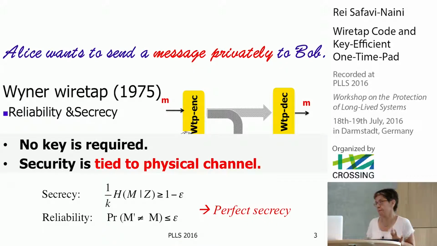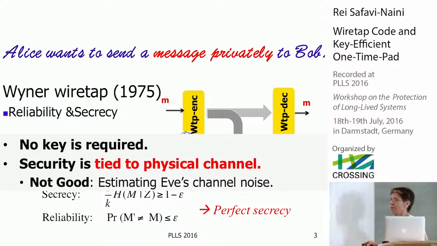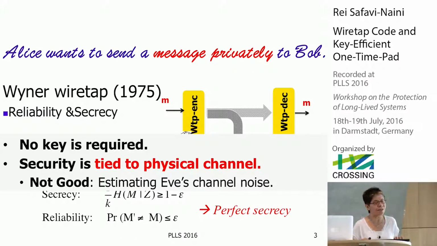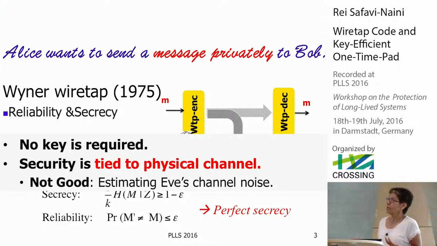So of course, it may not look good because in some sense we are in trouble, because now we have to estimate Eve's channel. Previously, there are all these communication techniques that allow us to find the noise in the receiver channel.